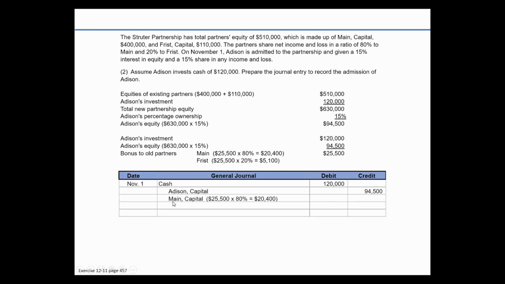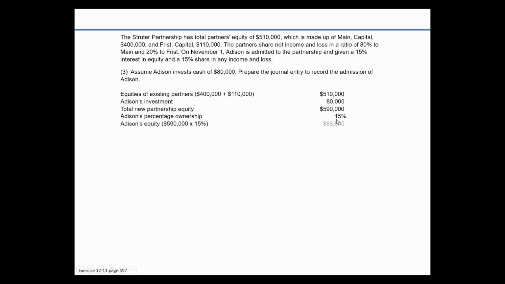And then we would credit Main Capital the amount of 20,400, because that is Main's share of the bonus, the amount of Addison's investment over her equity. Frist Capital, same thing, credit 5,100.